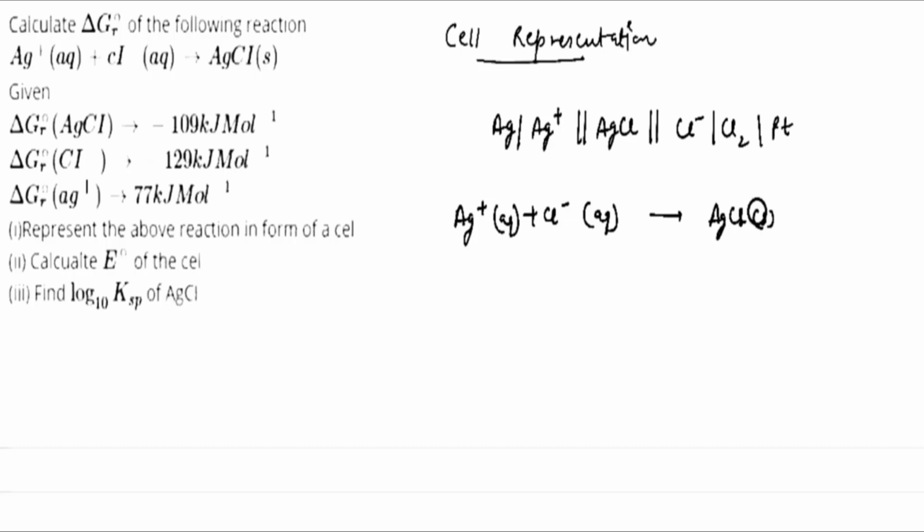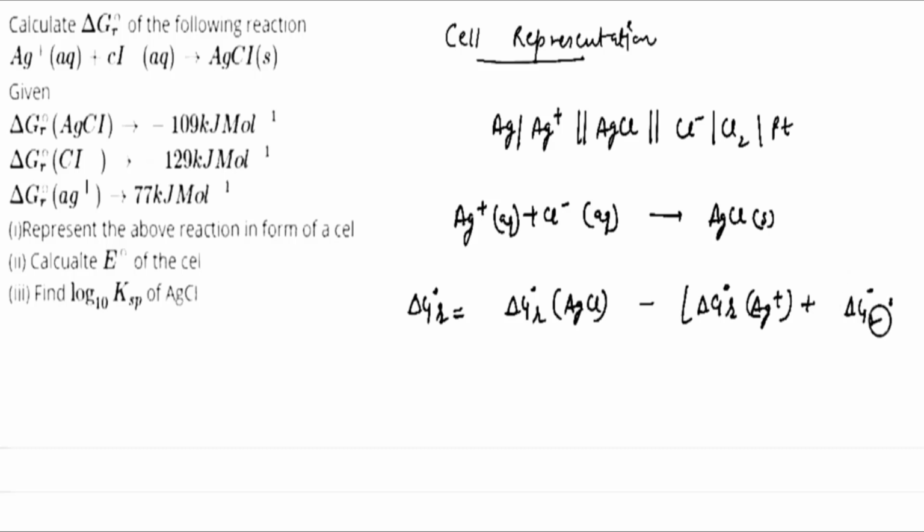So delta G naught of the reaction will be delta G naught of the product, that is AgCl, minus delta G naught for the Ag+ ion plus delta G naught for the Cl- ion.